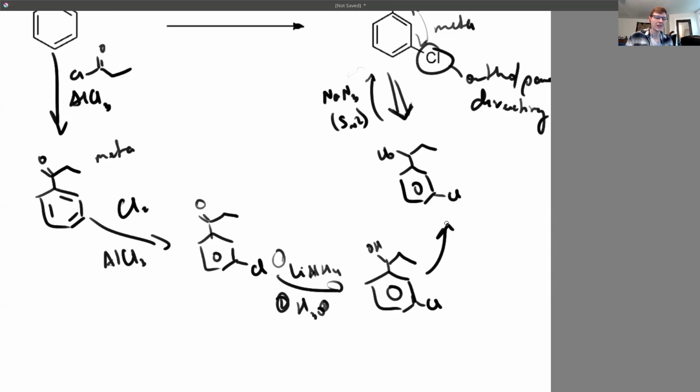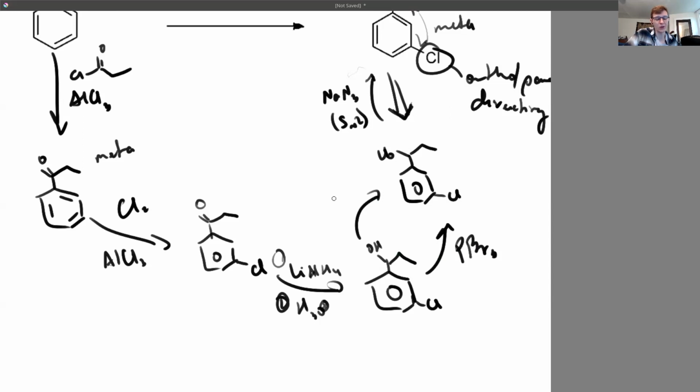Okay. That's one way to do it, although that's not great because it goes in equilibrium and you might get some elimination product. So you could also do PBr3. Oh yeah, that's a good option. Oh yeah, duh. It's really easy to forget these.